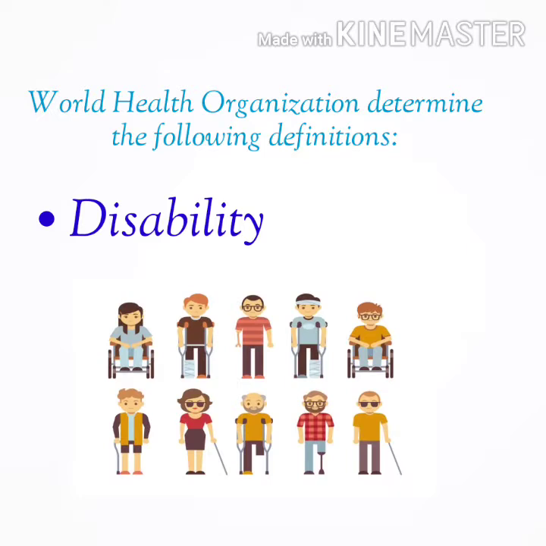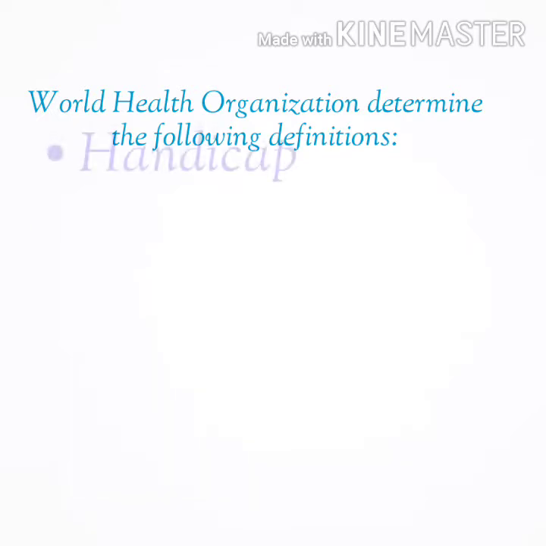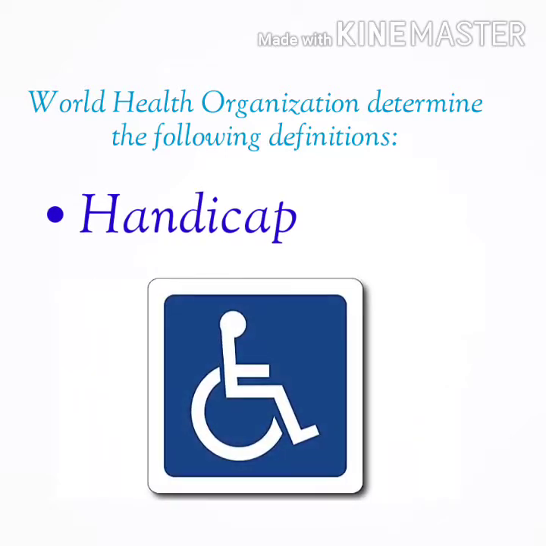So examples of this are an intellectual disability due to a brain impairment, or low vision, or deafness or blindness. The next is the handicap, the social or environmental consequence of a disability. So for example, a person with a wheelchair is not handicapped when paths and buildings and wheelchairs are accessible.